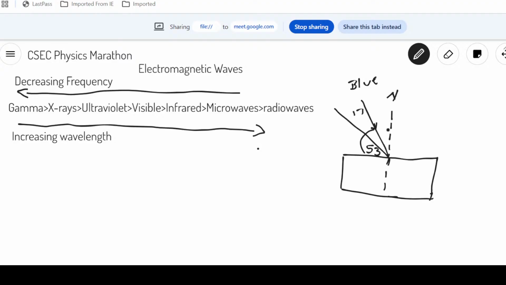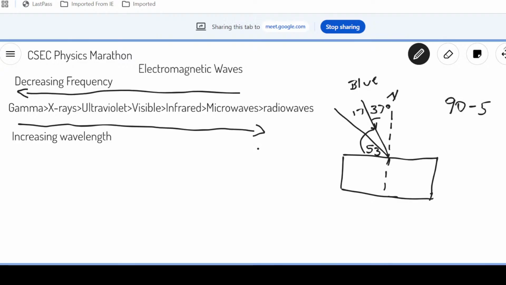So 37 degrees would be the one that's missing. So 90 minus 53, that is your incident angle, the angle that's measured from the normal to the blue ray.